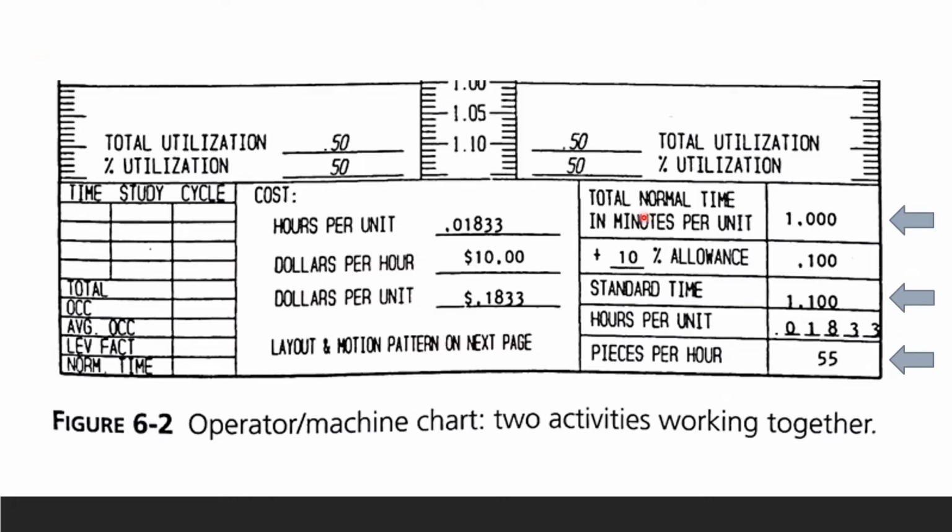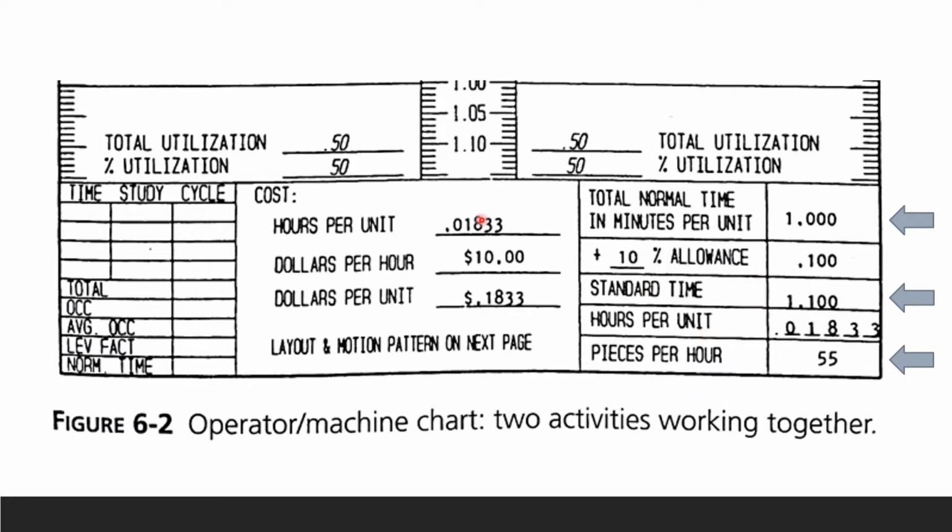So we go to the bottom of the chart and it's about the same thing here. When you look at it, we're spending 1 minute per unit, and your allowance time is 0.100. You add up your normal time and your allowance, and you get 1.100 standard time. We also call this time standard or standard time, the same thing.